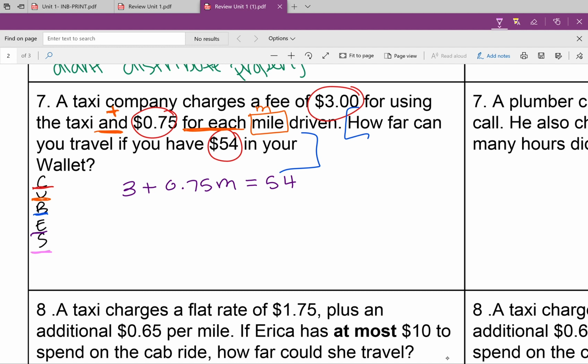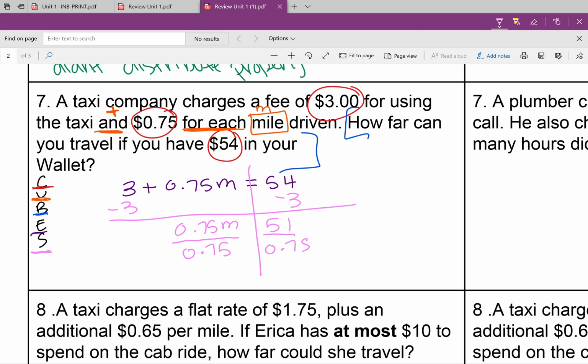So this is just a two-step equation. First I'm going to subtract 3. And then I have 75 cents per mile is equal to 51, because 54 minus 3 is 51. And then my last step is just to divide by that 0.75.